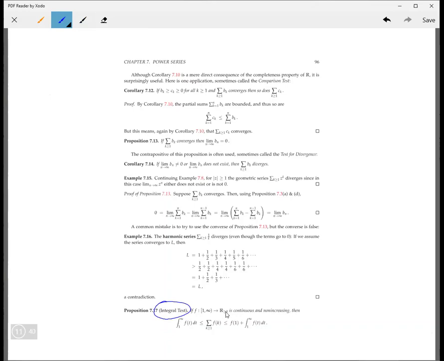So if you have f defined on the positive real numbers, which the 1 over n to the p would be, the series is going to be between that integral and f of 1 plus the same integral. So it's going to converge or diverge depending on what happens to the integral.